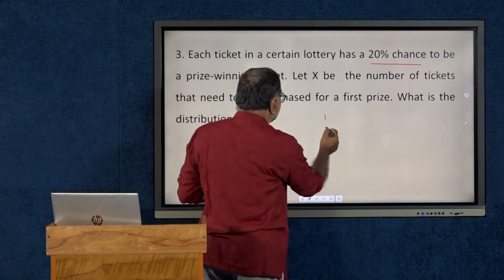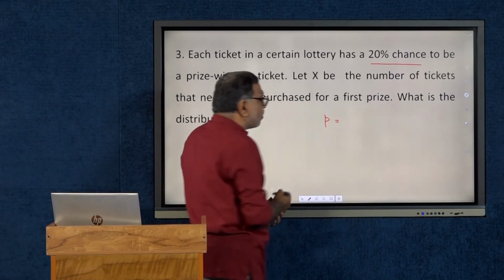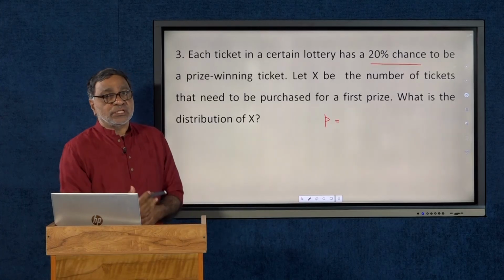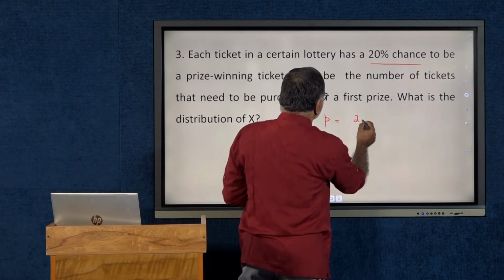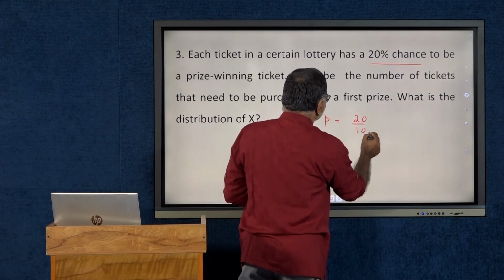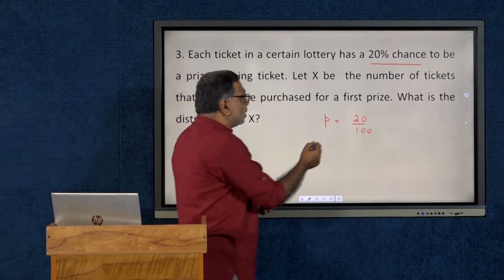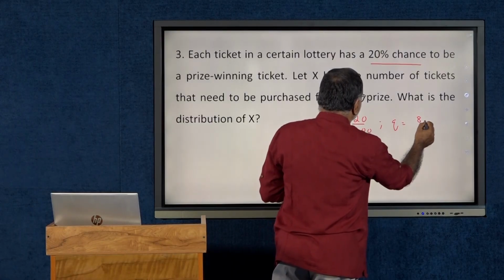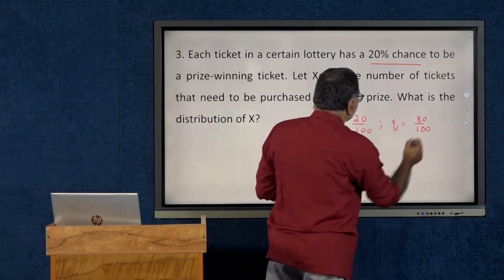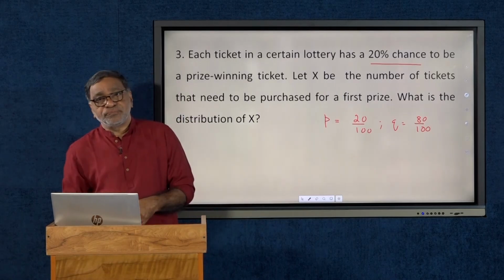Suppose p is taken as the probability of success, that is a prize winning ticket, which is equal to 20% chance, 20 divided by 100. And naturally we have the q value, 80 divided by 100. So you are given p and q.